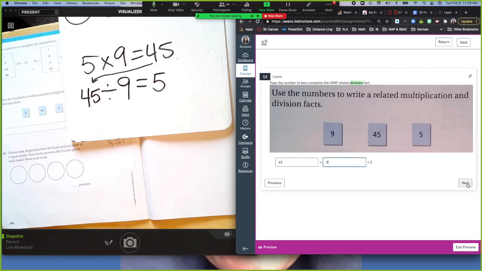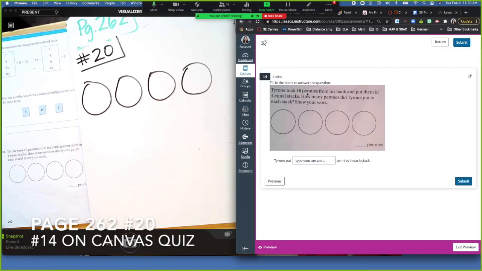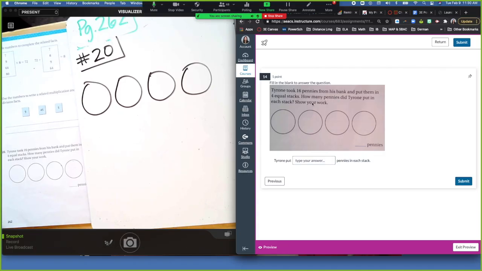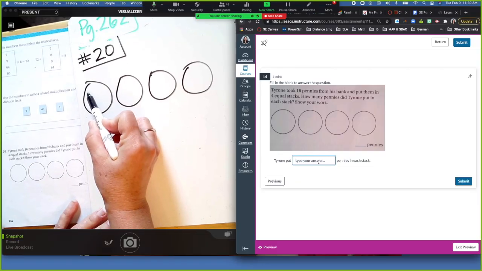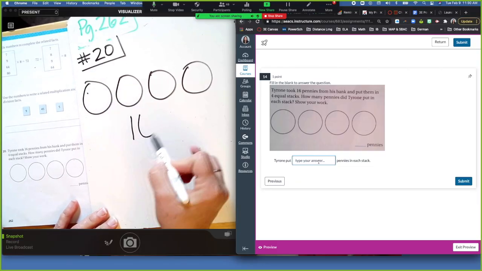Tyrone took 16 pennies from his bank and put them in 4 equal stacks. Each circle represents one of the equal stacks. How many pennies did Tyrone put in each stack? Show your work. So you can't show your work on here, but we need to figure out how many are in there. So hopefully you drew it out. I just start putting 1 in each because 16 is not such a big number.